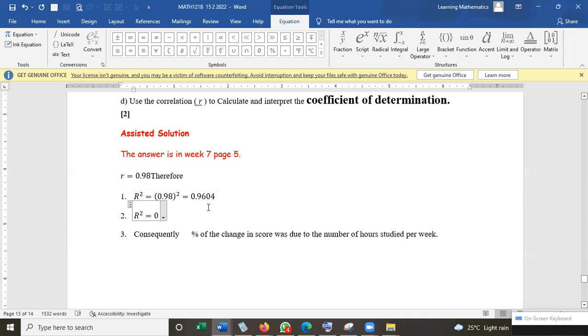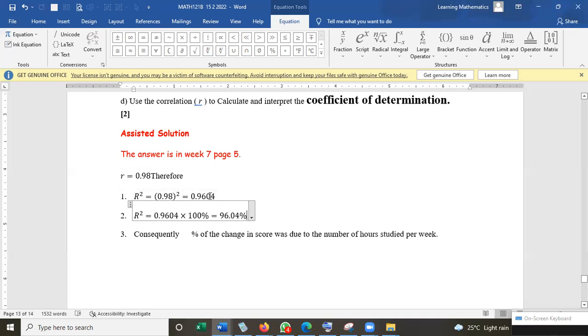But it is very common to convert the decimal to a percentage by multiplying by 100% to get 96.04%. Here's the coefficient of determination in percentage form. But just by squaring the correlation, you have calculated the coefficient of determination already.